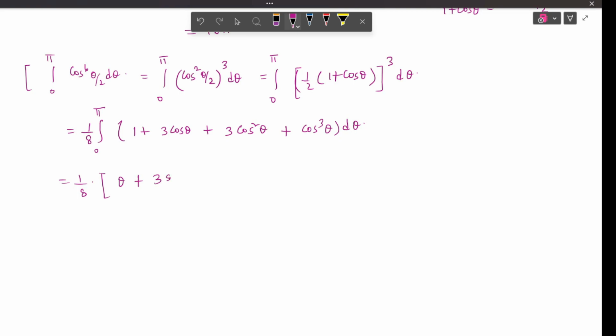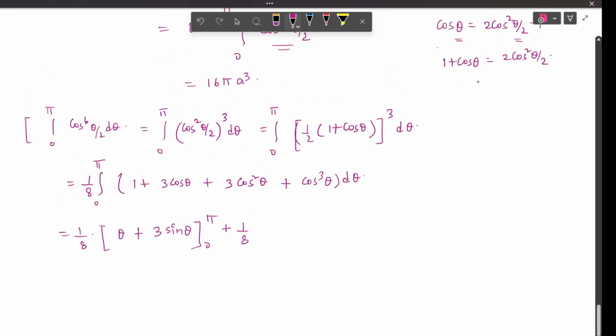So it would be 3 sin theta from 0 to pi plus 1 by 8 times this 3 cos square theta. So cos square theta we can write from here. This would be 2 cos square theta by 2 minus 1. Sorry, we need cos square theta.